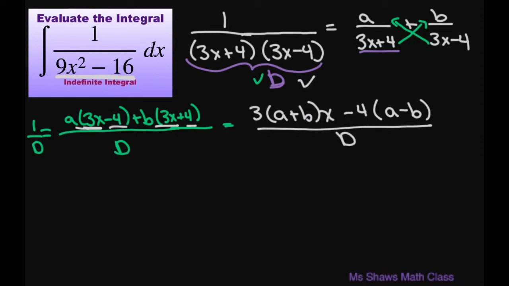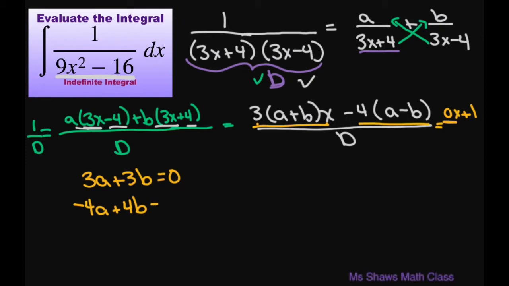Still just looking at the numerator, I can write this as 0x plus 1. So when you equate coefficients, for the x term, it's the 0x, so we have 3A plus 3B equals 0. And for this piece, we're going to have negative 4A plus 4B equals 1, because that's the 1.